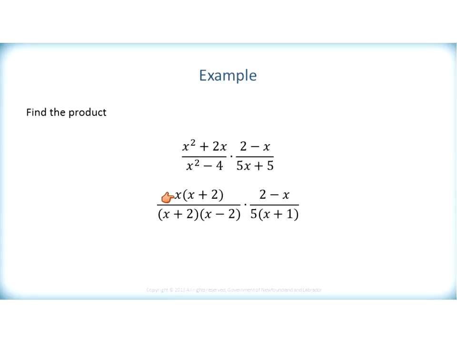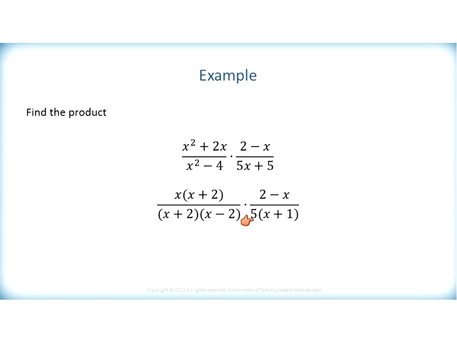So we take the x outside, we have x plus 2 remaining. In the denominator, we have a difference of two perfect squares. So we factor x squared subtract 4 to be x plus 2 times x subtract 2. 2 subtract x is not factorable. And then we have 5x plus 5. There's a common factor of 5 and we take it outside.